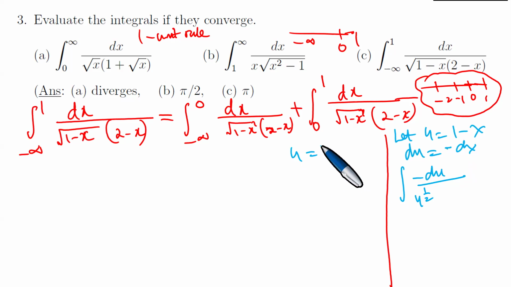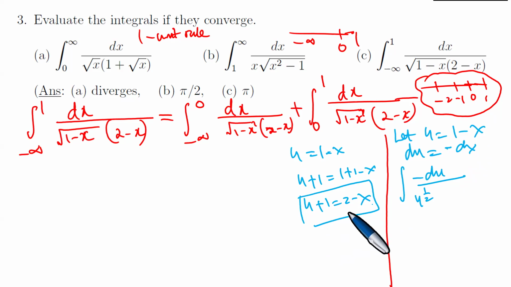If you have u is 1 minus x, then you can add 1, u plus 1, or you can just make x the subject of the equation. So u plus 1 is 2 minus x. So wherever there's 2 minus x, you put u plus 1. Like this. And then you have this.